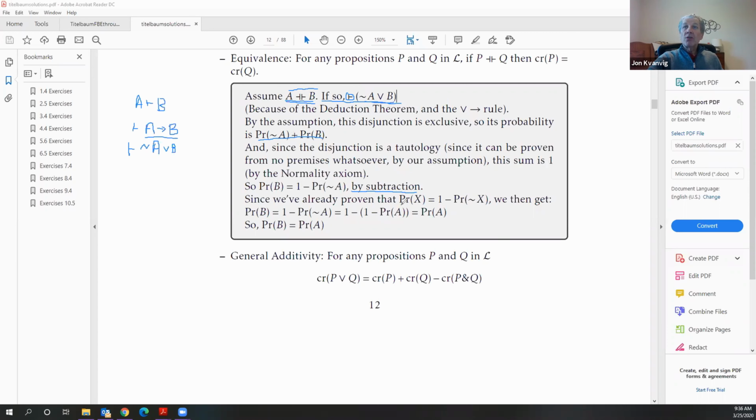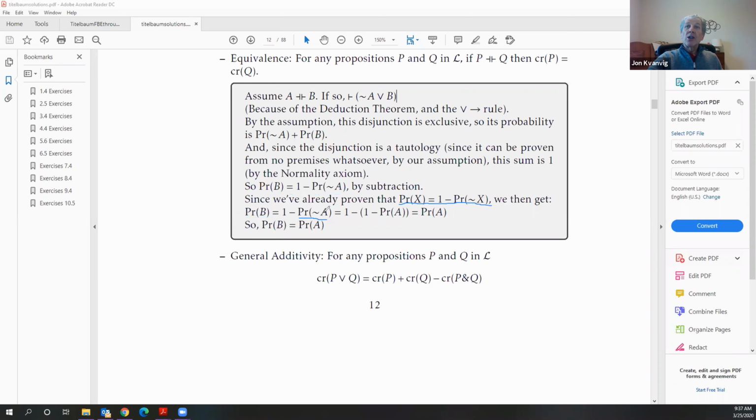Now, we've already proven that the probability of not X is 1 minus the probability of X. So look at this sequence of equivalences. We start out here with the first one. Probability of B is 1 minus the probability of not A. And then we replace, whoops, let me clear that. Then we replace the probability of not A using this.